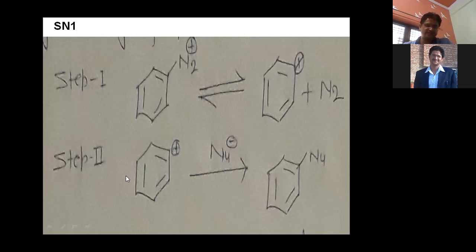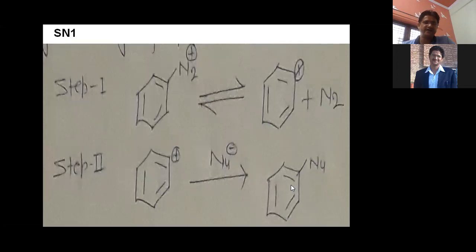And then once it converts into the aryl cation, it easily reacts with the nucleophile. The nucleophile attacks this position because there is a positive charge, and then it finally converts into the nucleophilic aromatic substituted product.